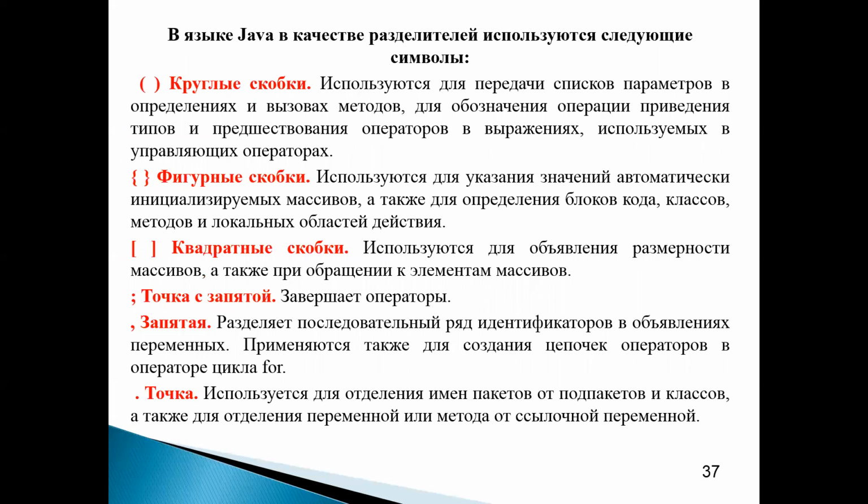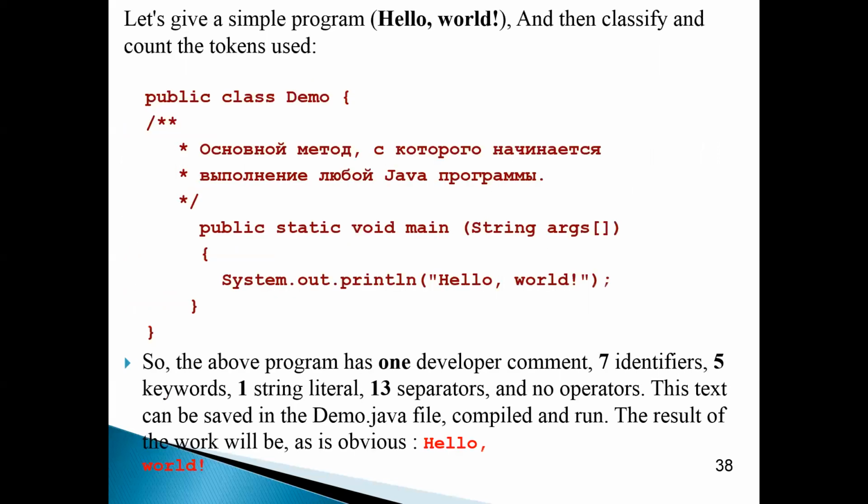This slide is in Russian language. Let's give a simple program, hello world, and then classify and count the tokens used. Please look at this program and count carefully. You can see that the above program has one developer comment, 7 identifiers, 5 keywords, 1 string literal, 13 separators, and no operators.